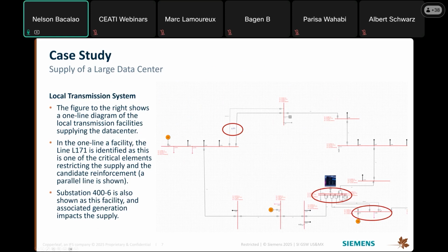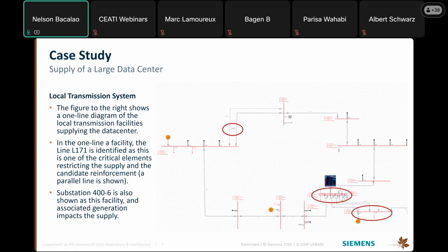But also there is a generating plant fairly close to this data center that also results in needs to interrupt load at the data center or supply it locally, which also used to be a big concern in the past whenever we were doing these reliability assessments, which is the input data.